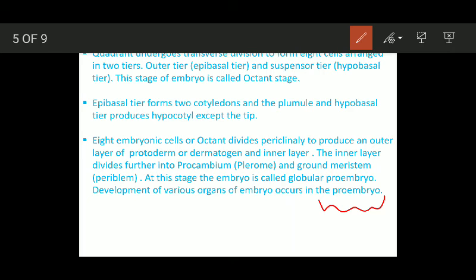I will repeat this. Now you are having this type of structure. You have an octant stage here. All the cells of the octant, they will divide periclinally. तो अब आपके पास 16 cells आ जाएगी. Outer 8 cells and inner 8 cells. The outer 8 cells, they are known as protoderm.